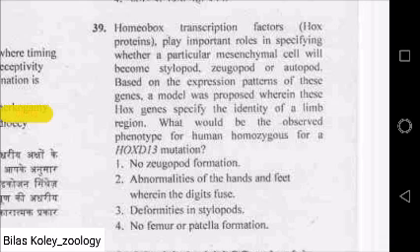The question is, what would be the observed phenotype for a human homozygous for a HOXD13 mutation? And the options are no zygote formation, abnormalities of the hand and feet where the digits fuse, deformities in stylopods, and no femur or patella formation. In this question, the right option is option 2.